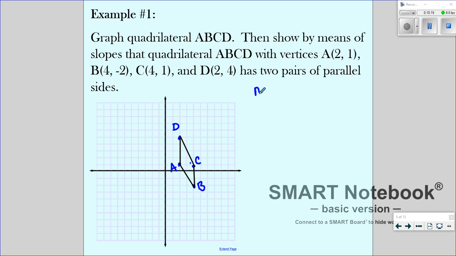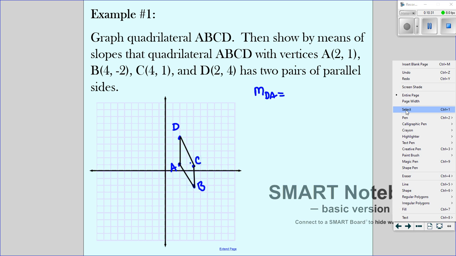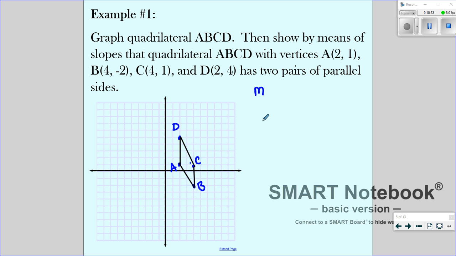The slope for DA, actually, it's a vertical line, so I'm not going to use that. So let me use DC, and then I'm going to use AB.